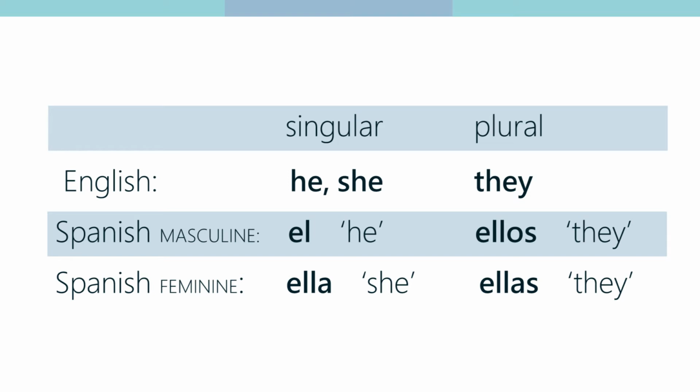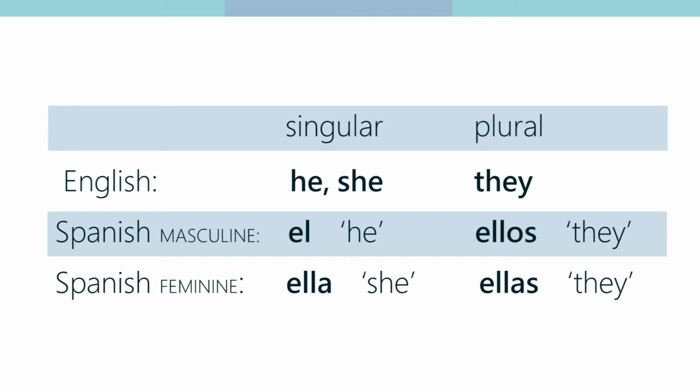So in this case Spanish extends the concept of gender to third person plural as well. In English, gender is very limited. It's only limited to third person singular. It doesn't appear in any other person. But in Spanish and French, for example, it extends to third person plural as well.